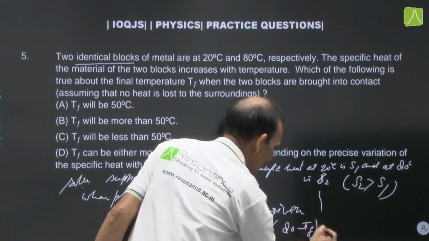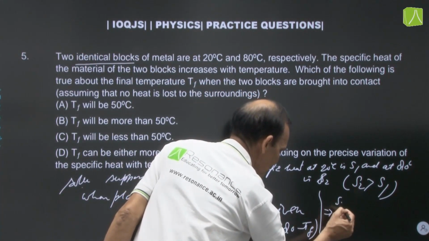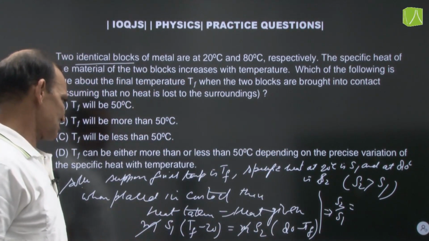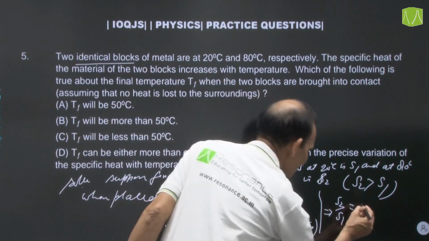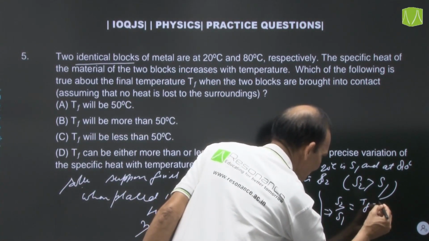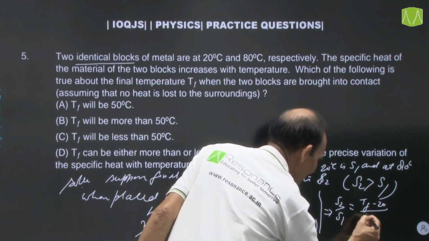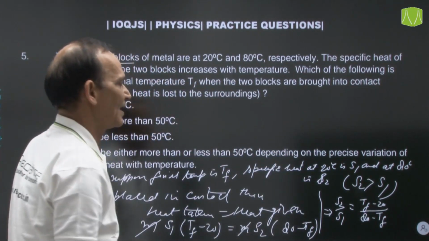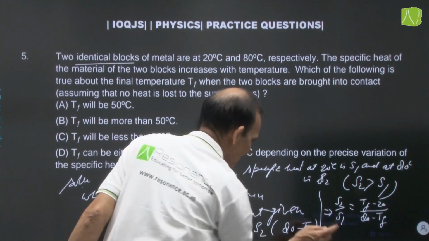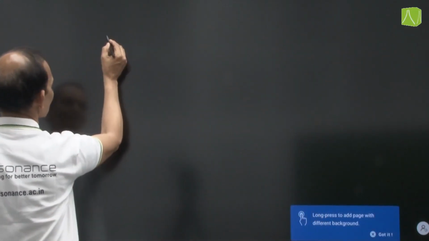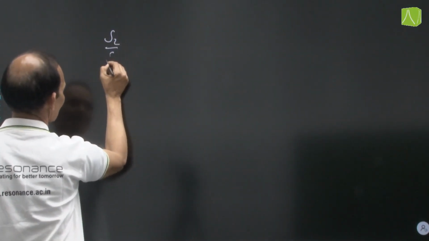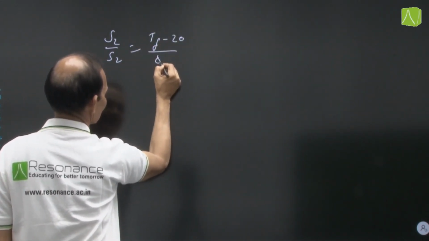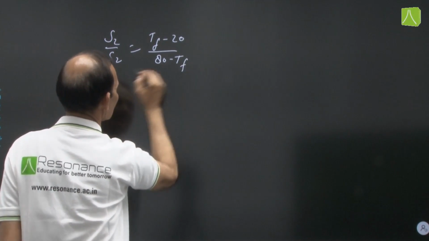So from here, S2 by S1 is Tf minus 20 divided by 80 minus Tf.